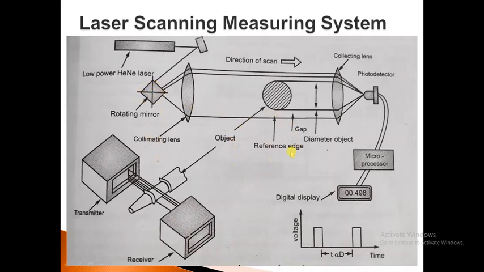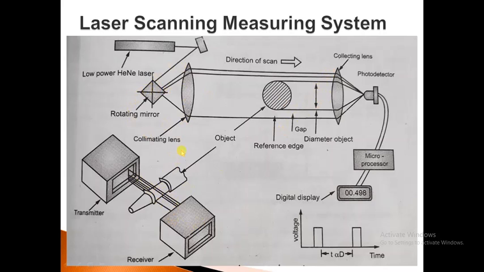First of all, see the different components over here. Here there is the laser, rotating mirror, collimating lens, and object. Here is the gate, this is the transmitter, and this is the receiver.